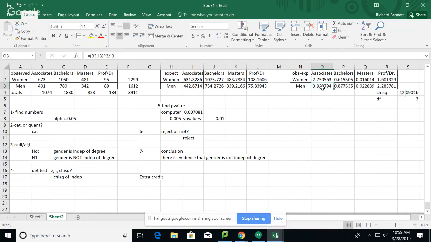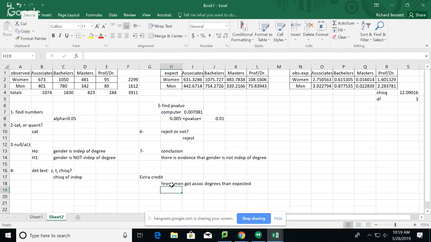The associate's degree. We expected 442 men. We only got 401. What does that mean? Fewer men got associate's degrees than expected.